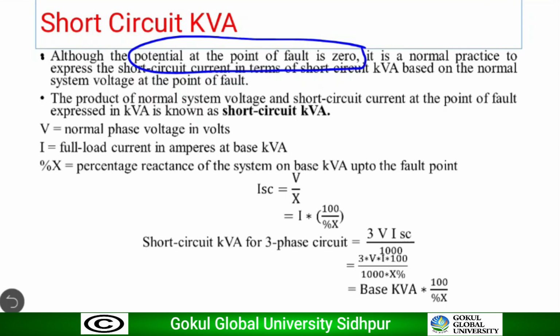It is normal practice to express the short circuit current in terms of short circuit kVA based on the normal system voltage at the point of fault.